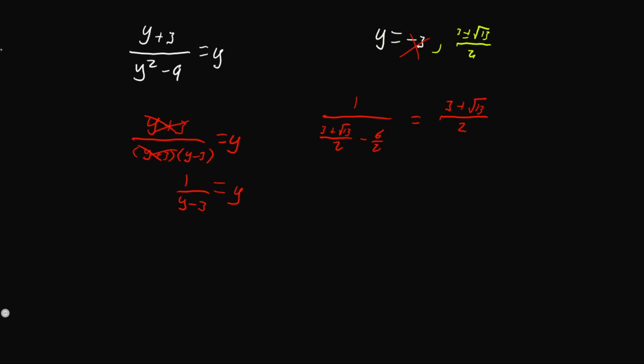So we're going to get 1 divided by negative 3 plus root 13 over 2, which will give us 2 divided by negative 3 plus root 13.